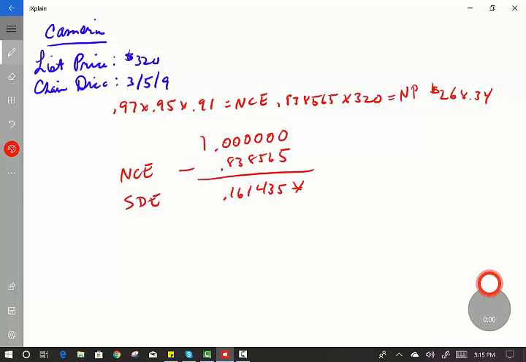Multiply that times the list price of $320, and that will equal the trade discount, the savings of $51.66.